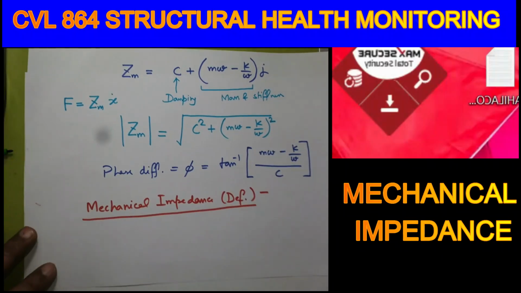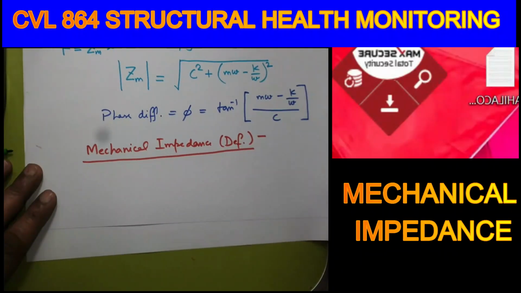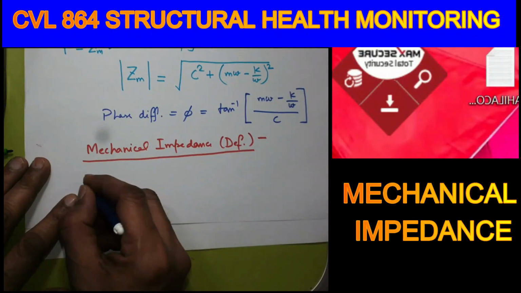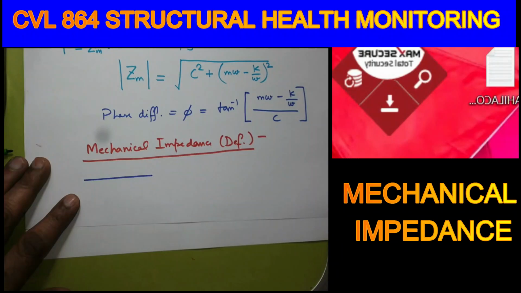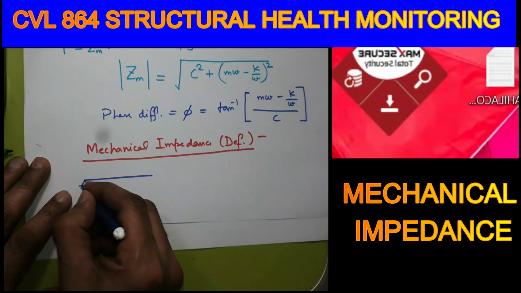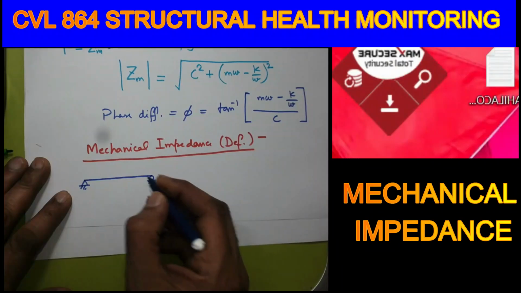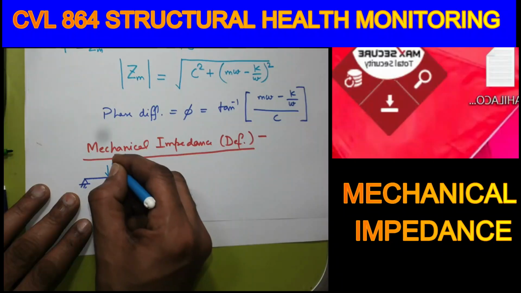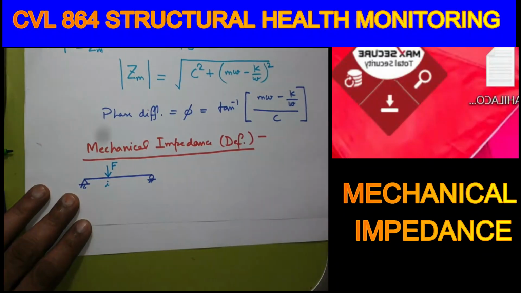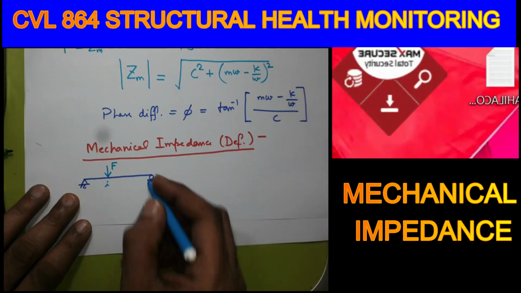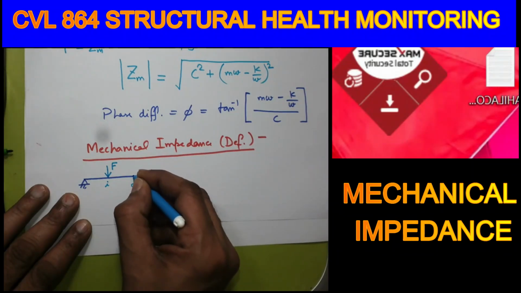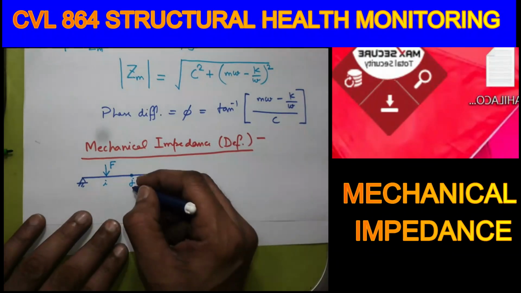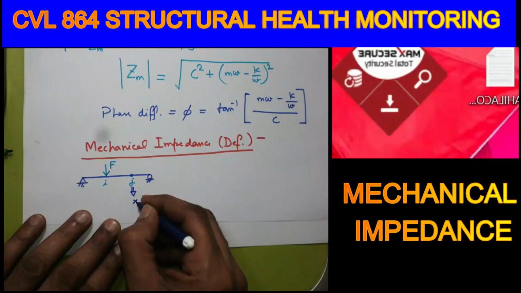Exactly, yes. When we say mechanical impedance, first of all we have to define where we are applying force and where we are measuring the velocity. Let's say we apply a dynamic force at some point I, and we measure velocity at some other point J, in the direction of the force.